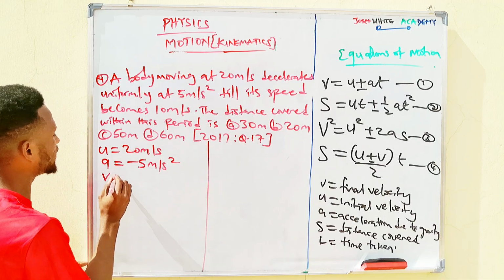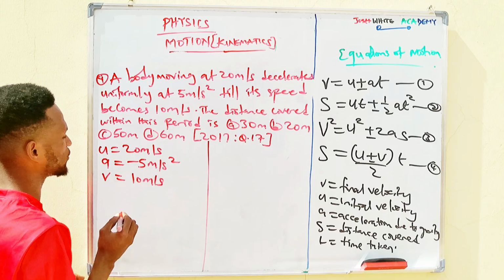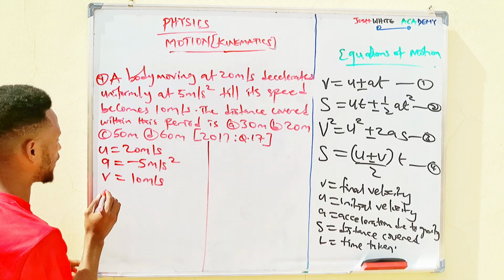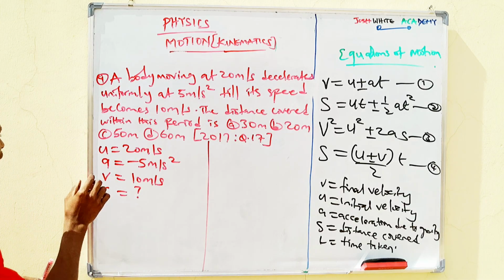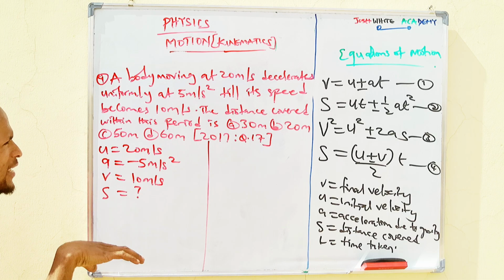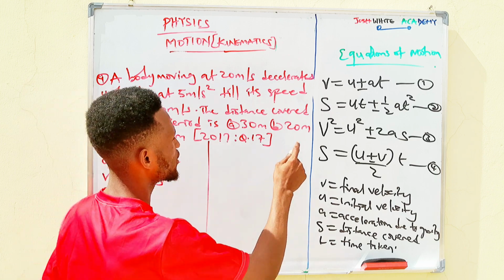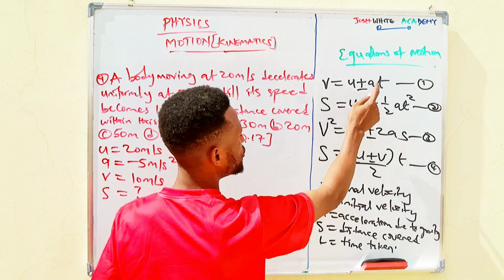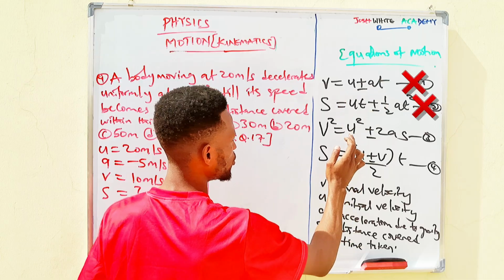The final velocity, which is our final speed, 10 meters per second. So we are being asked to find distance. So we have U, we have V, we have A, and we have S. So which formula here carries our data? U, A, V, S. U, A, V, no S, out. U, no V, out.